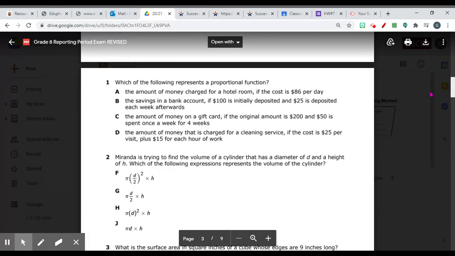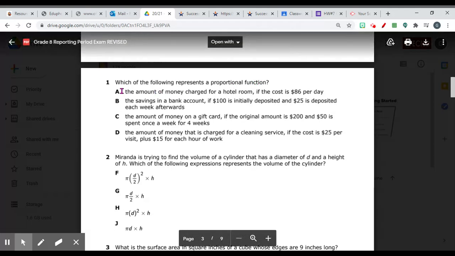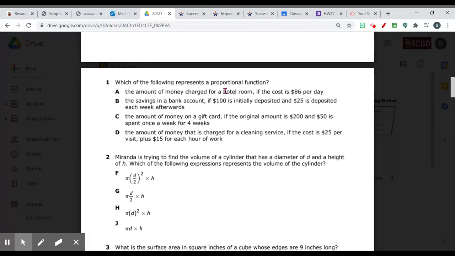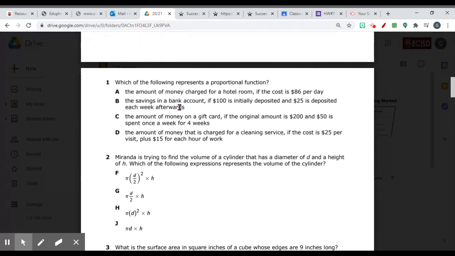Number 1, which of the following represents a proportional function? A, the amount of money charged for a hotel room if the cost is $86 per day. B, the savings in a bank account if $100 is initially deposited and $25 is deposited each week afterwards.